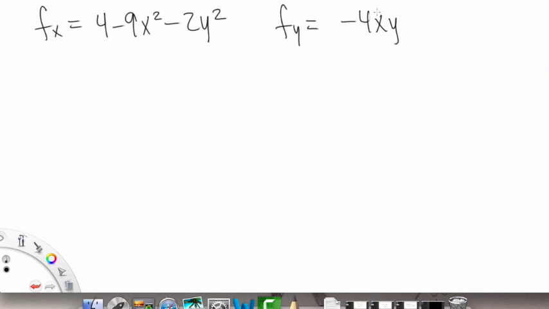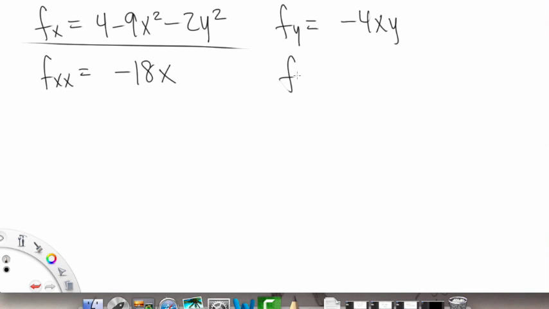Our first derivatives were f sub x equals 4 minus 9x squared minus 2y squared, and f sub y equals negative 4xy. If we do f_xx, that means taking the derivative of f sub x with respect to x, which gives us negative 18x.